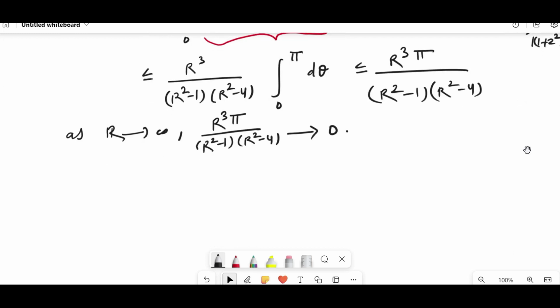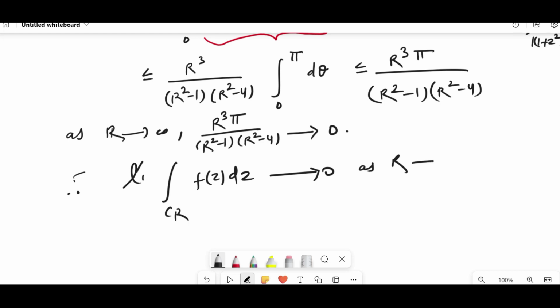So we can say that the value of the line integral over the curve C_R of f of z dz will tend to 0 as R tends to infinity.